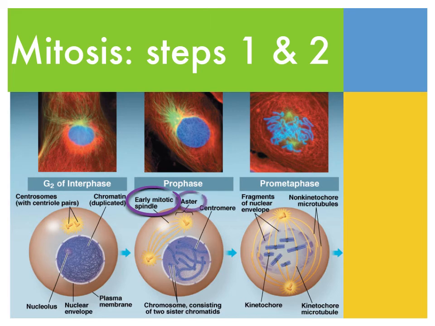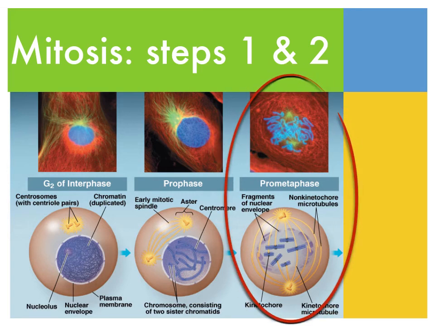Also at this step, a centrosome containing growing microtubules is called an aster. Then once this is made and completed, we will enter the prometaphase step. So this is the step at which you can start to really visualize very well the chromosomes.